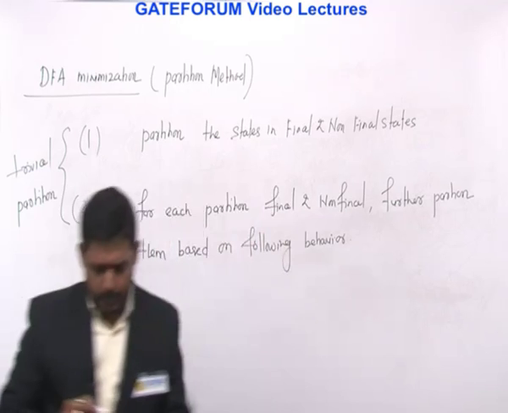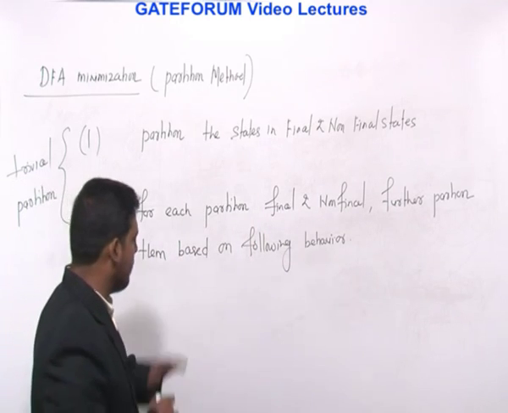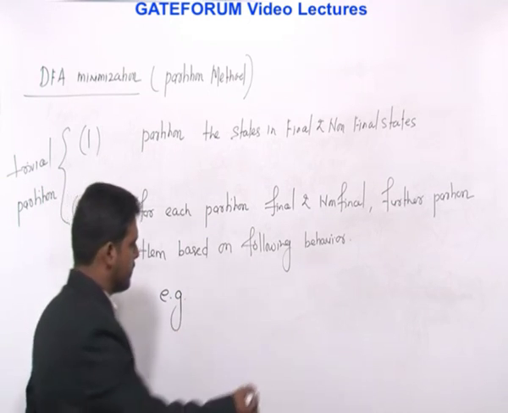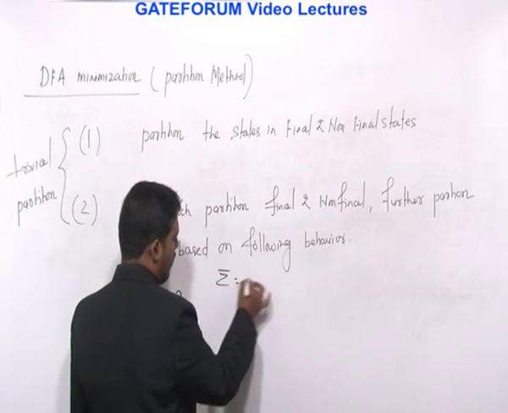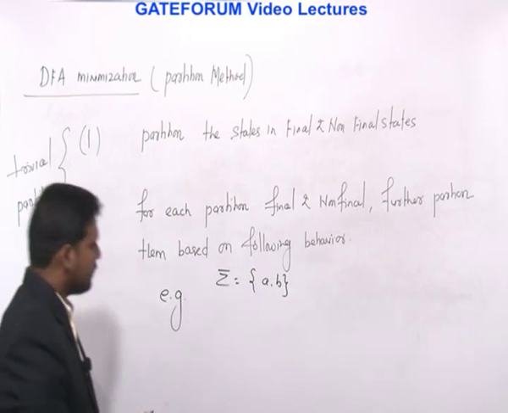So based on the following behavior, again you make the partition. Now this example I am giving you is for two alphabets, sigma is equal to {a, b}. If there are 3 alphabets, then more combinations are possible.